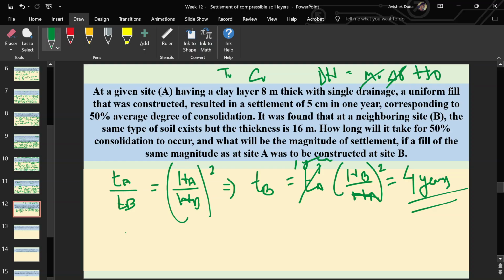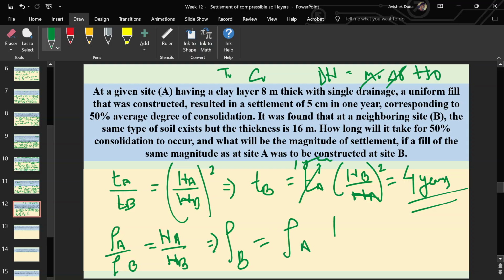So I will write like this, rho settlement in A divided by settlement in B is directly proportional to thickness of A divided by thickness of B. So the settlement obtained in B is equal to rho A into HB divided by HA.